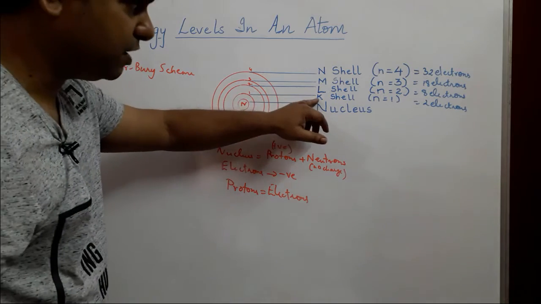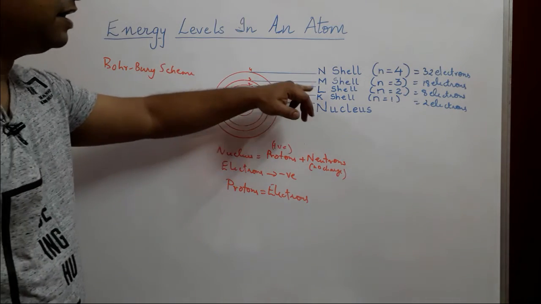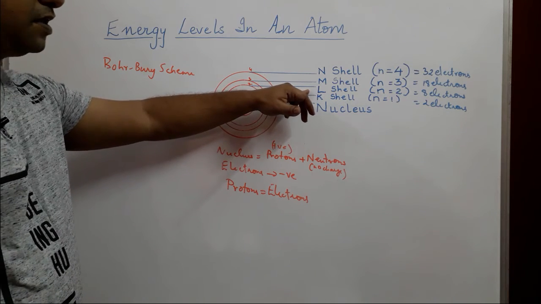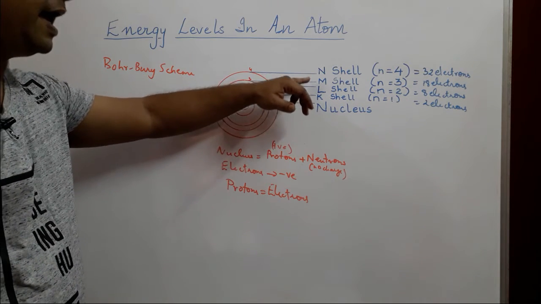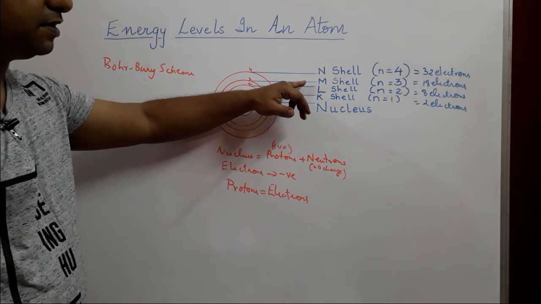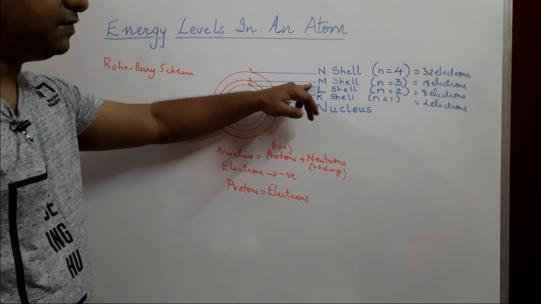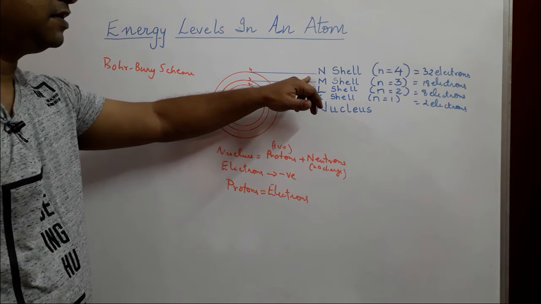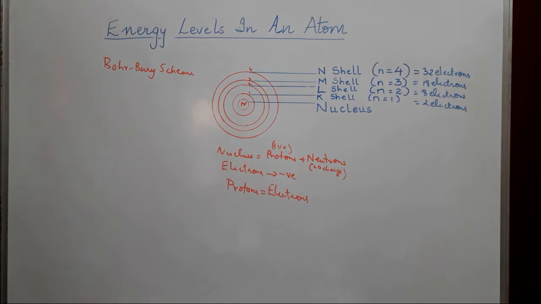So K will fill up first completely. Once K is full, L will start filling up. And once L is full, M will start filling up. But we don't wait to fill up M completely to start with N. There is a criteria. So we look at what is that criteria based on the Bohr-Bury scheme.